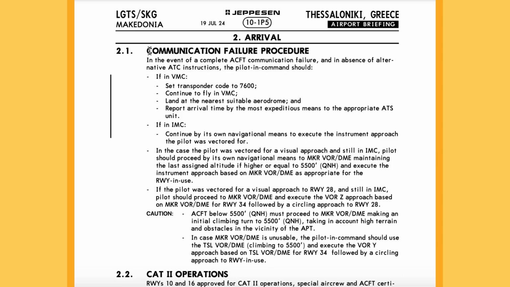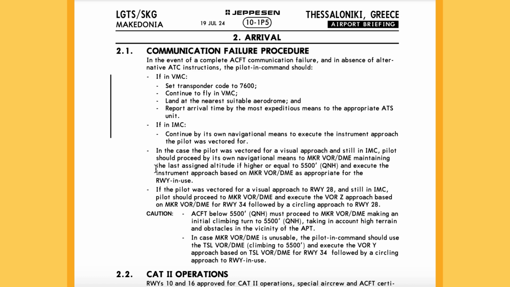Over here you can see already if VMC, set the transponder to 7600, continue to fly VMC, etc. However, in IMC, this airport will have its own special procedure. In this case, you need to proceed to Micra VOR DME and maintain the last assigned altitude if higher or equal to 5,500. And this whole binder will give you the entire lost comms procedure.